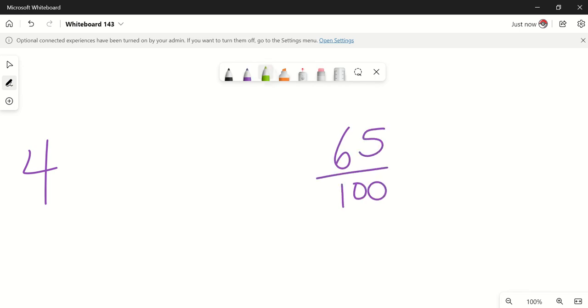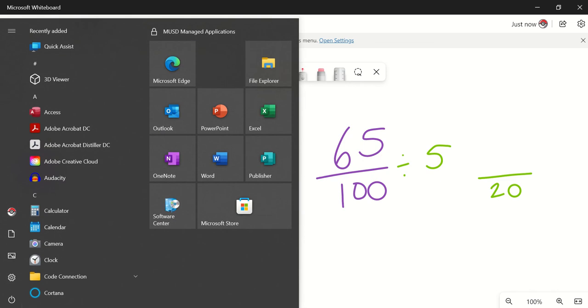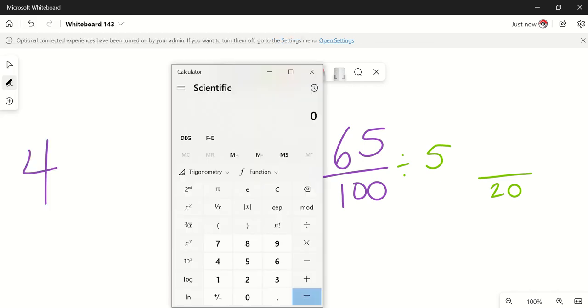Both of these can be divided. I'm going to divide them both by 5. I know 100 divided by 5 will be 20, and then 65 divided by 5 should be 13. Let's double check and make sure. 65 divided by 5 is 13.